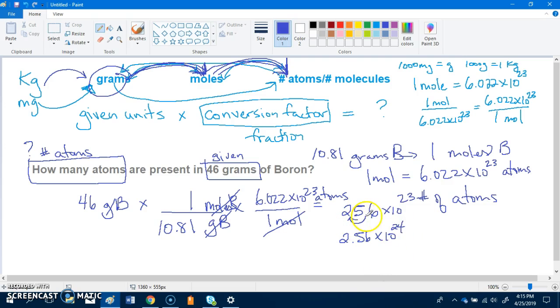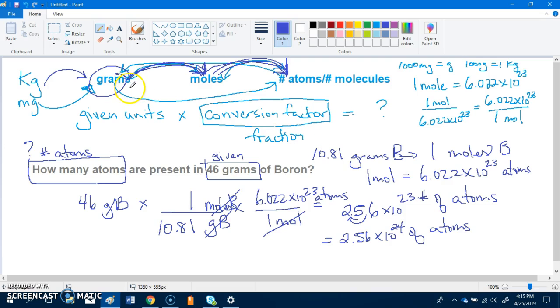It would be 23 decimals that we had to move, but from here it's going to be a total of 24, 1 extra, to get the actual number of atoms. And that's our answer.